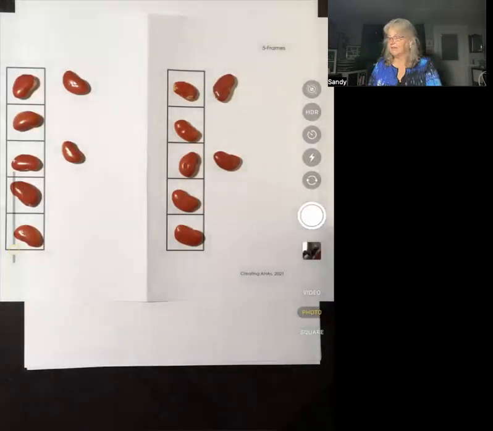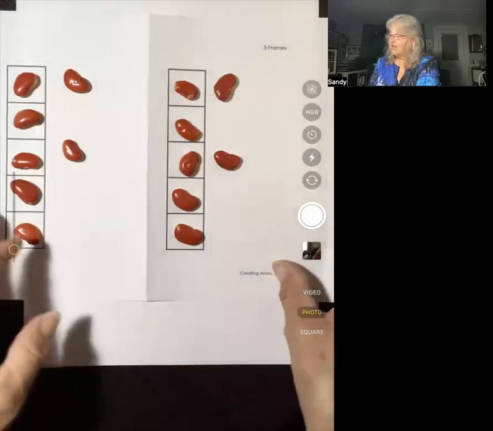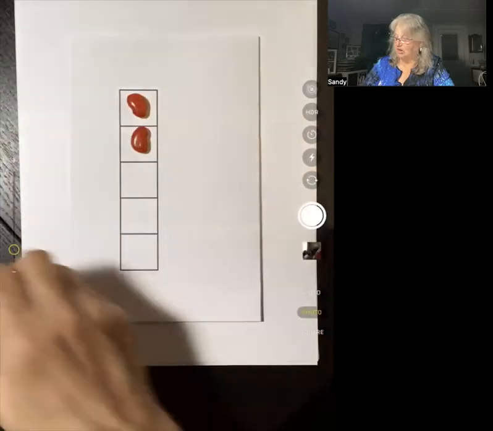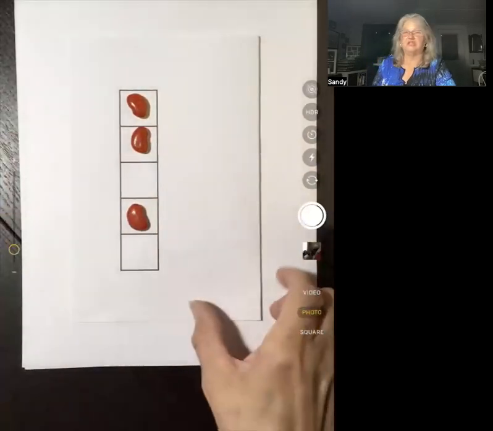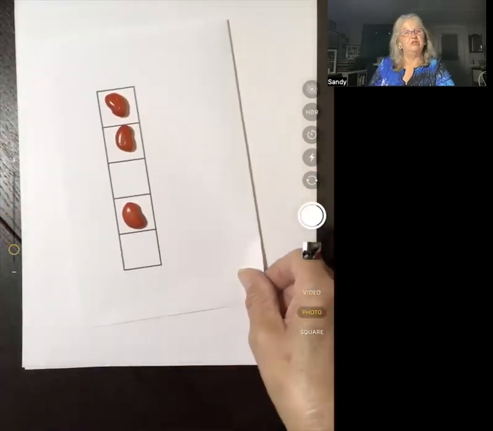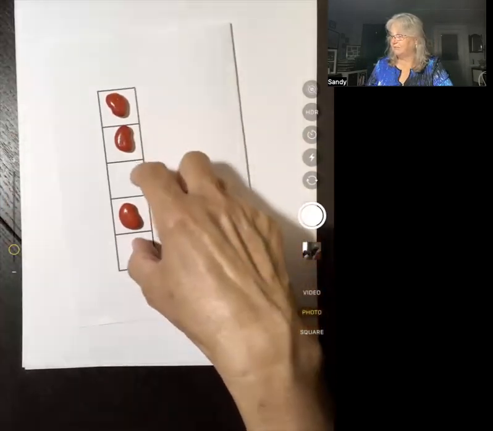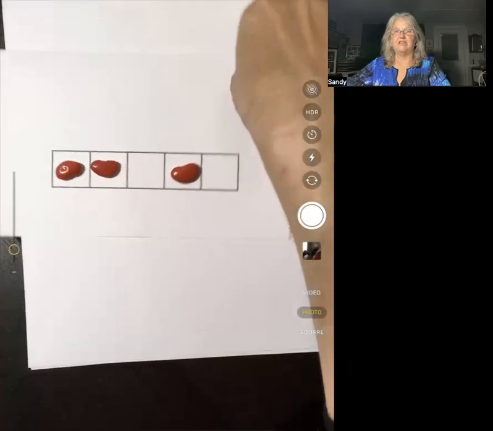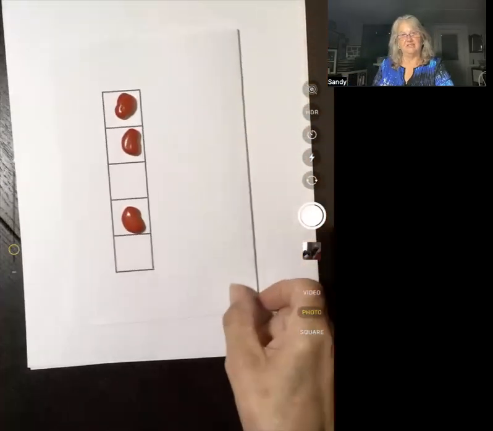Now, in kindergarten, we aren't looking at the doubling, but we're looking at the 5-frame. And we're looking at the 5-frame in many ways. It's just them showing 5 and them getting used to, well, 3 is 2 fewer than 5 because I have 2 empty boxes. And I can turn this 5-frame however I want, and there's still 3 in there.